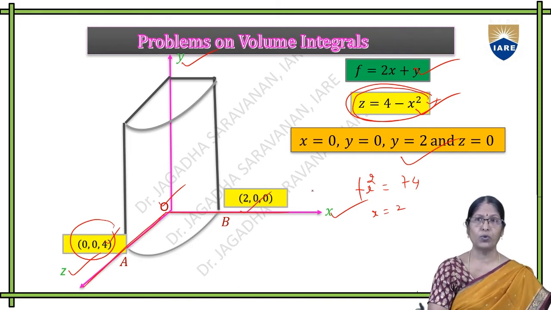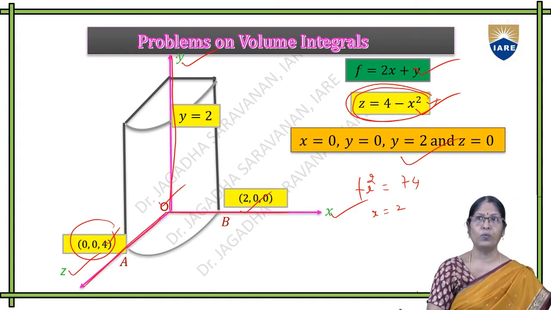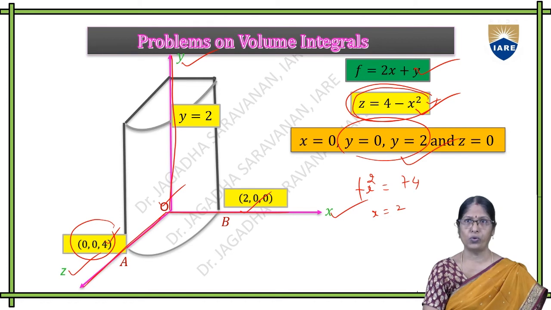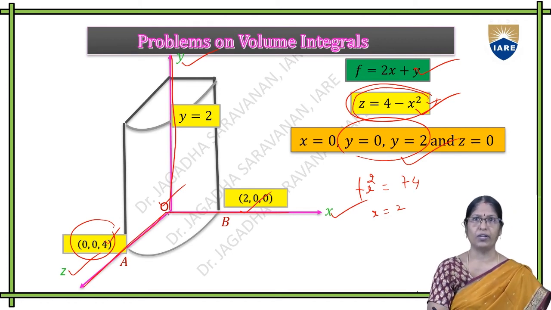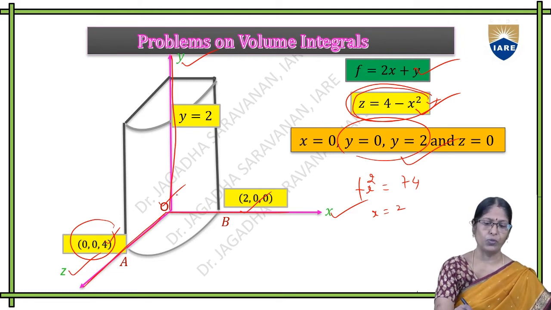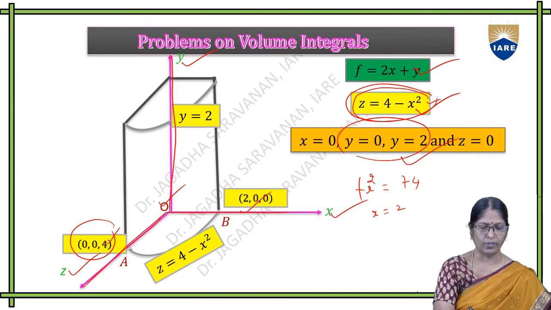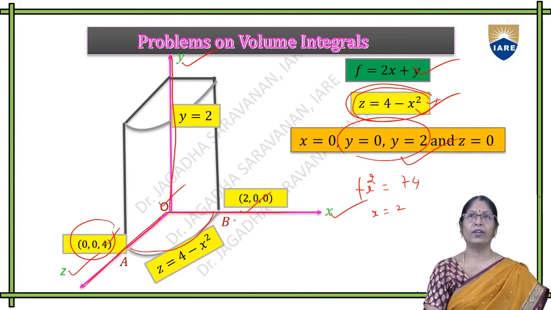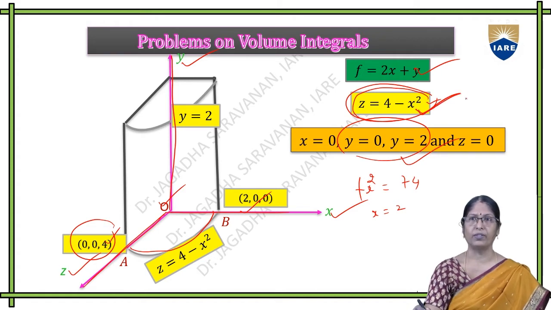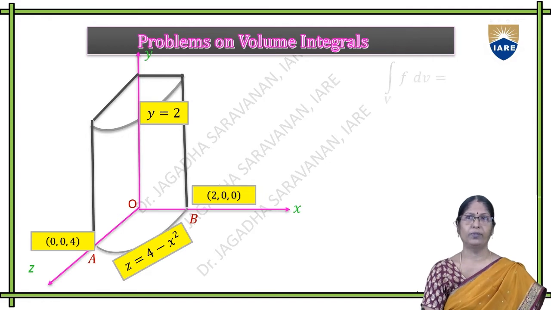So 2, 0, 0. And y, which is given in our question, is from 0 to 2. So from the origin, the coordinate 0, 0, 0, from 0 to 2 it is there. This is our curve, z equal to 4 minus x square, which is given in the question. Now this is a grouped one.